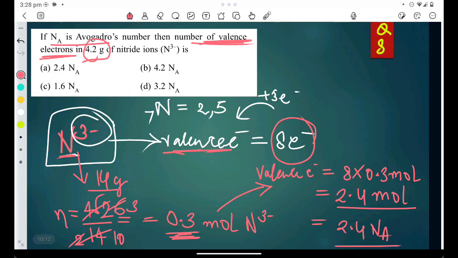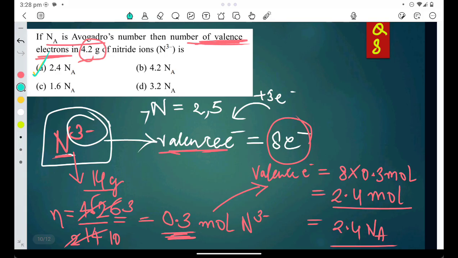That means 2.4 Na particles, electrons, sorry, not molecules. So A is the correct answer.